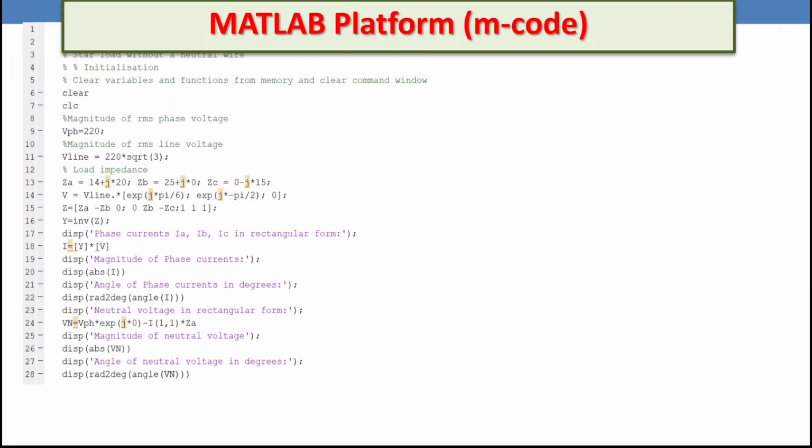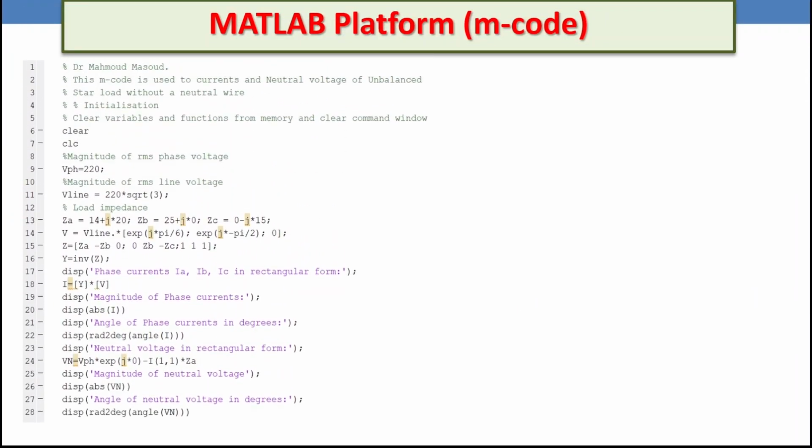This is the M code I built for method number 1. We entered in line number 9 the V phase voltage value, 220 volt. Line number 11 we have line voltage 220 root 3. Then we are going to enter impedance ZA, ZB, ZC. In line number 14 we have the voltage vector, V line multiplied by e to the power j pi over 6.